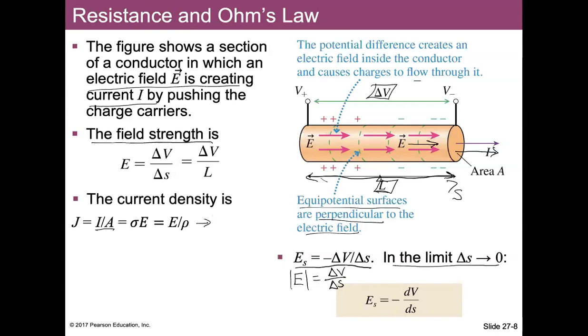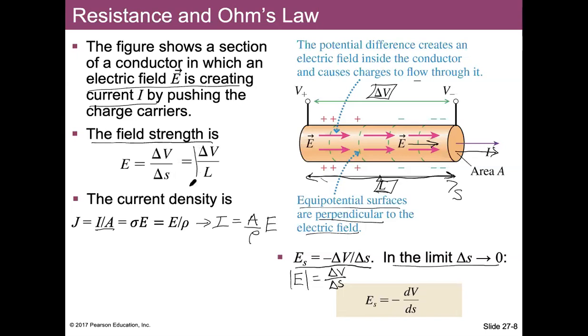I can rewrite that by multiplying both sides by A, so the current is going to be equal to A over my resistivity times the strength of my electric field.